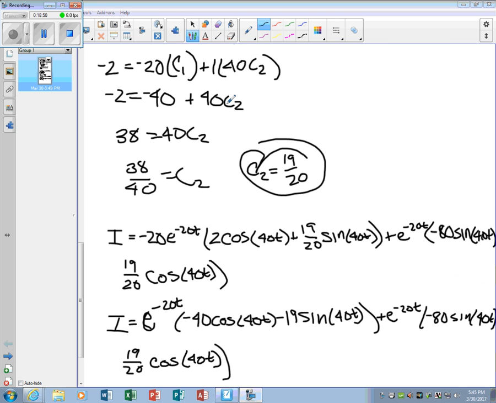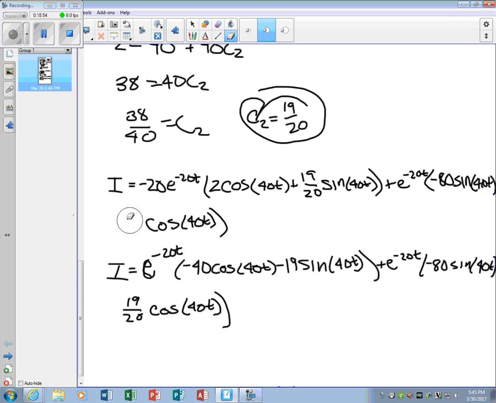Actually, I forgot that I added that term, so it is 38 over 20. Sorry about that again. Sometimes these problems get so big. Okay, we're back on track.